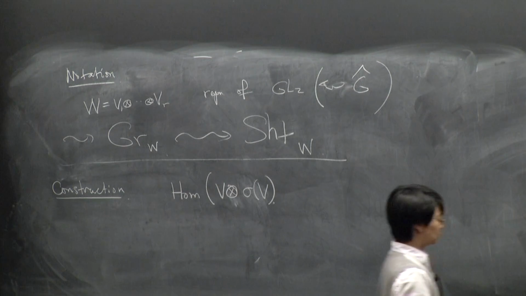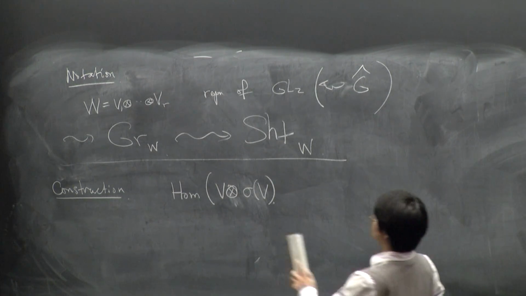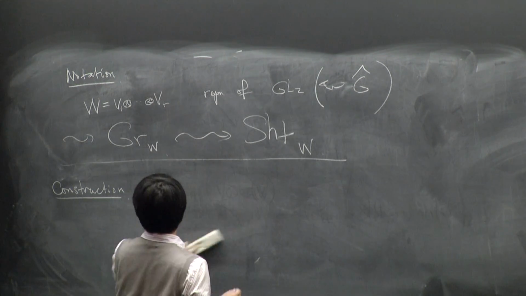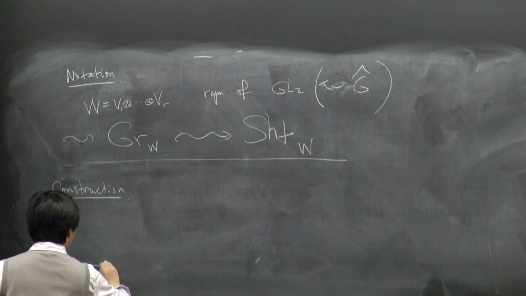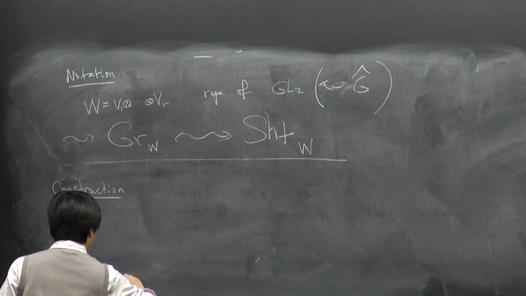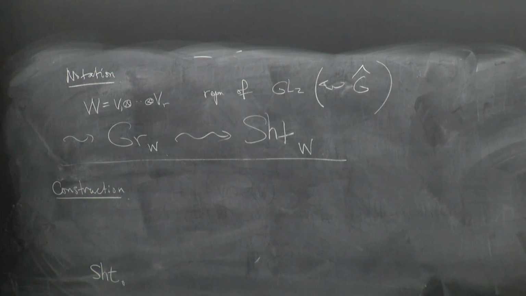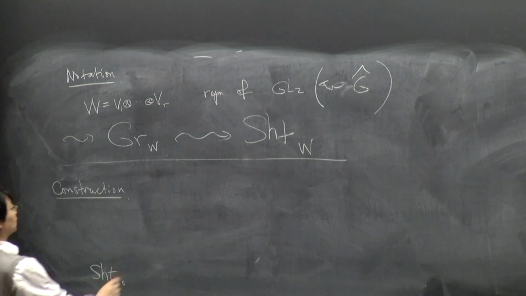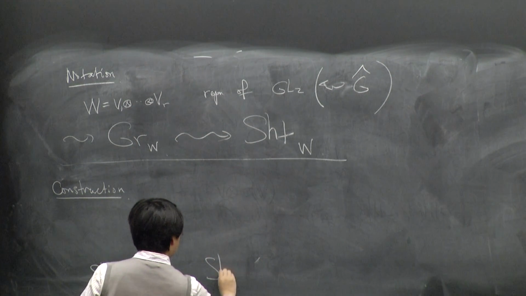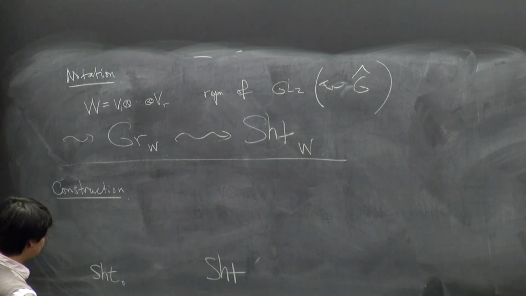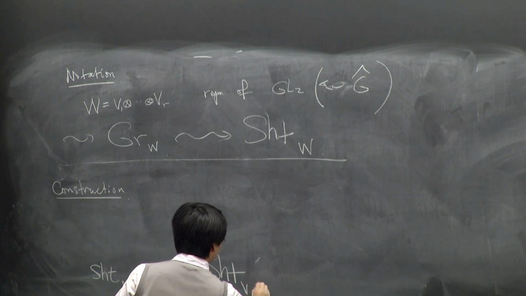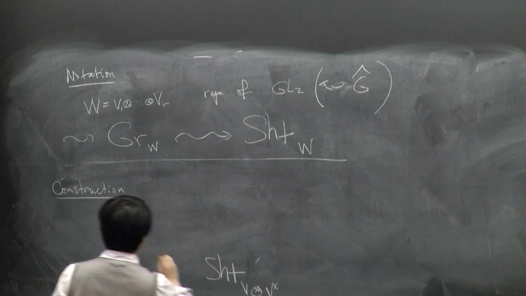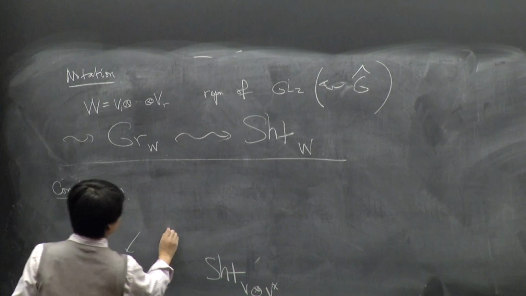Let me use another notation. Let me construct the following thing. So first of all, in general, just using the geometric Satake, I can consider a correspondence between Stukas of type 0 and the V tensor V dual, using just the same as the previous one.